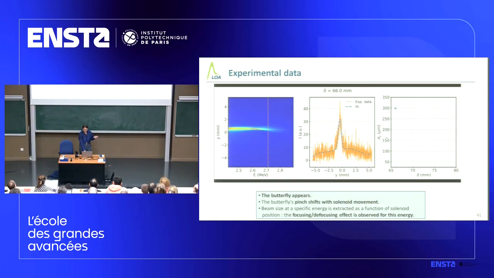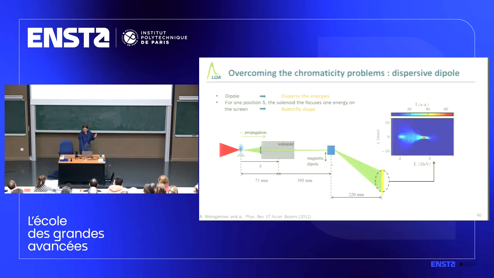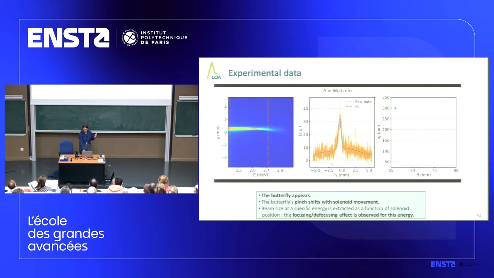And if we move the solenoid, we see that the pinch of the butterfly is moving. You see that for one specific energy, we are getting to a very thin electron beam, and then out of focus, it's getting bigger again. And we get the sigma versus delta curve again.